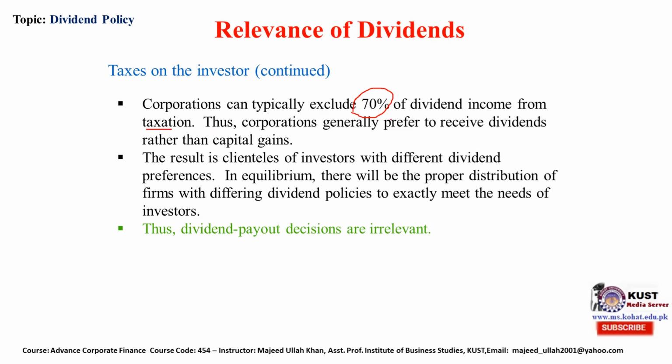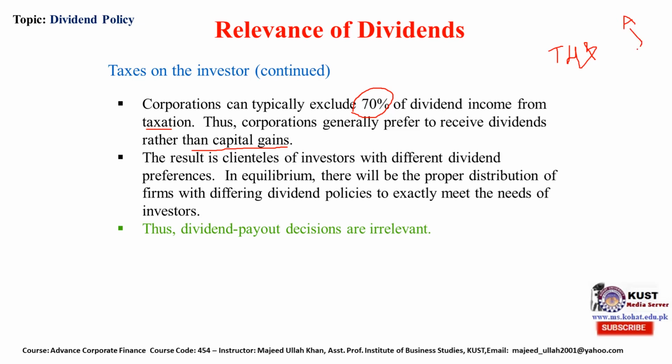Thus, corporations generally prefer to receive dividends rather than capital gains. Sometimes, let's suppose, it is not an individual investor, it is a corporate body, T Limited, and it invested in A Limited.